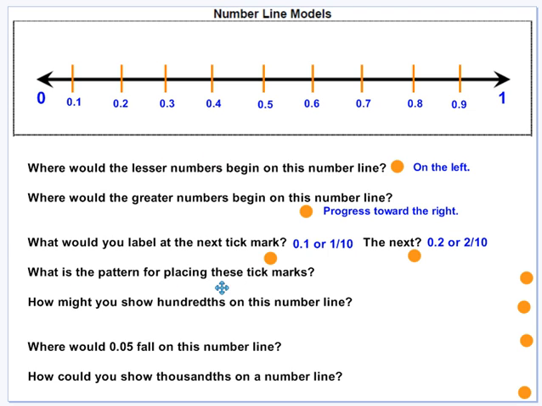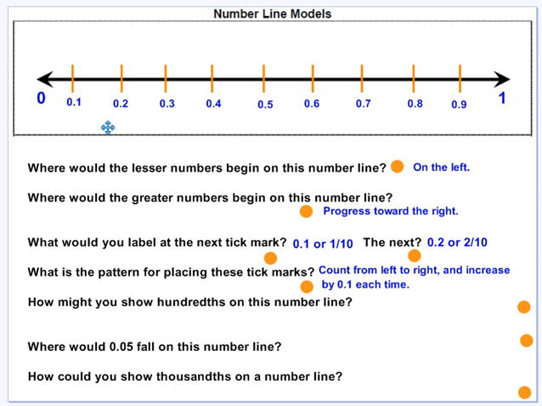So here, what is the pattern for placing these tick marks? Well, we count from left to right and increase by 1/10 each time. Right now we're just doing tenths, okay? It depends on how we number our number line. If we're using tenths, we want to increase by a tenth each time.